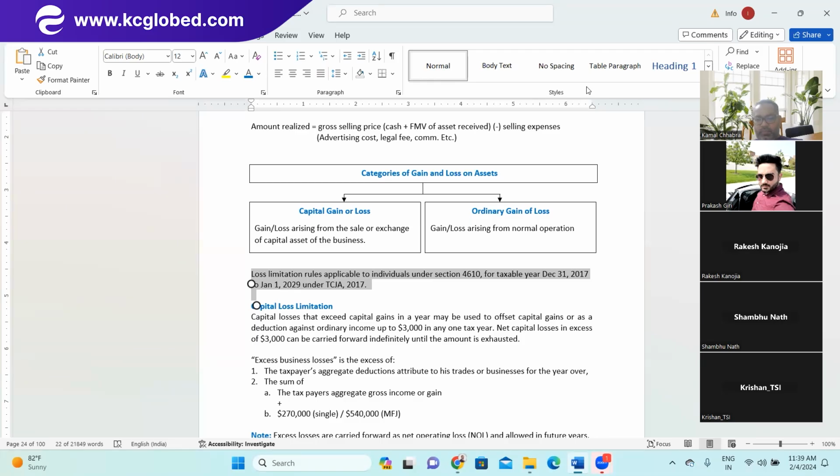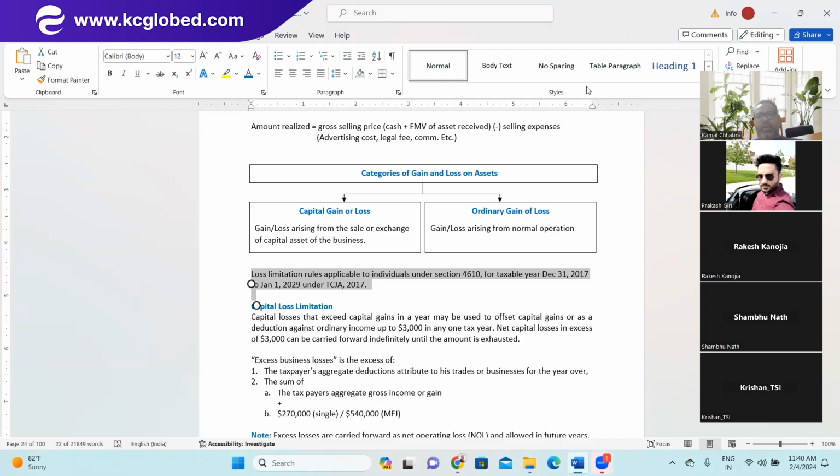So you're saying that even in 2031, any loss that falls in the period of 2017 till 2029, you can carry forward for future years. Yes. And for future years' income or loss, they will be redefining the new laws.